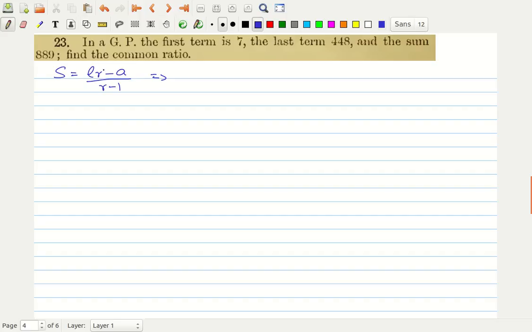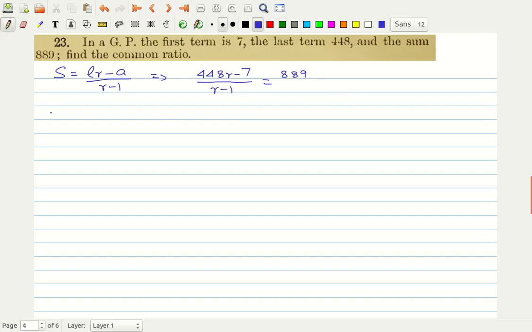So we are given that the first term is 7, the last term is 448. So 448 times R minus 7 divided by R minus 1. This sum is equal to 889, right? So we have to solve for the common ratio.